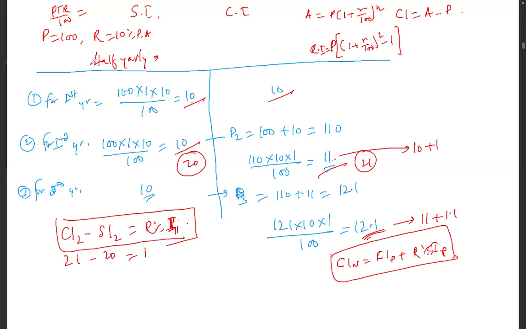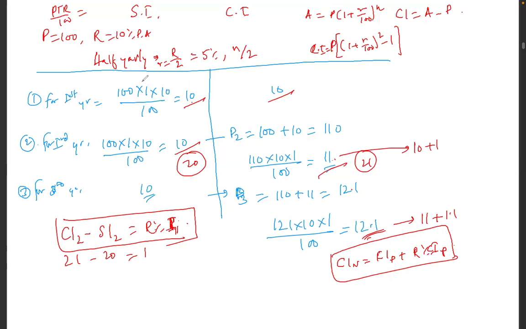So in this case, everything will remain same, but R will go half. So R is equal to R by 2. And that is how much? 5%. Also, time period will go N by half. Clear?